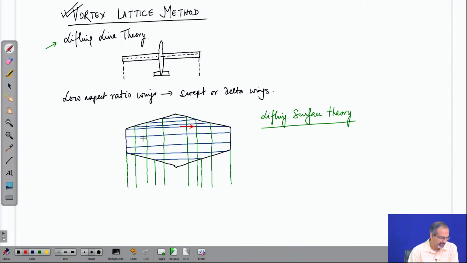for which we take vortex filaments along the two orthogonal directions.